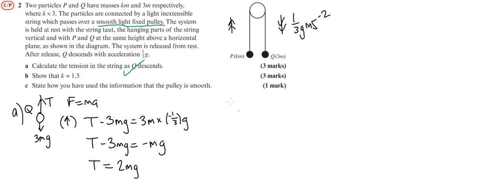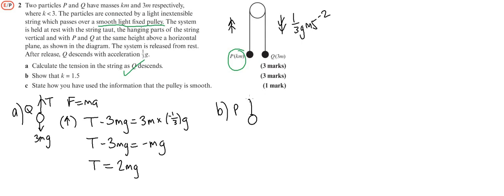Okay, now part B. Now it's asking us to show that K is 1.5, and K is the mass of the particle P. Okay, right, so now, again, we're going to use the fact that it's part of a system, so we can use the tension.